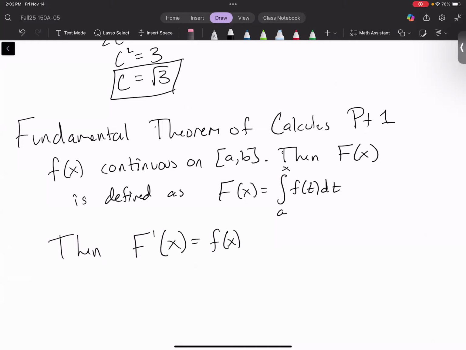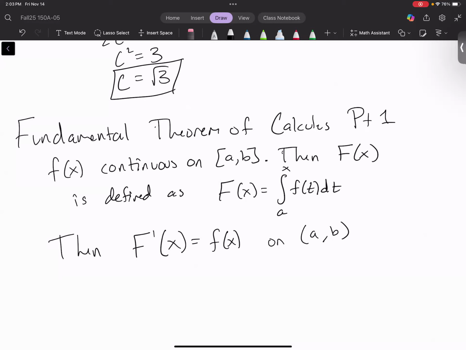We have the integral, the area under the curve, or the net change in area under the curve, and that actually results in an antiderivative. This is the connection. Now, there will be a part two to this as well, but that'll help us evaluate integrals. But for now, this is what we got.